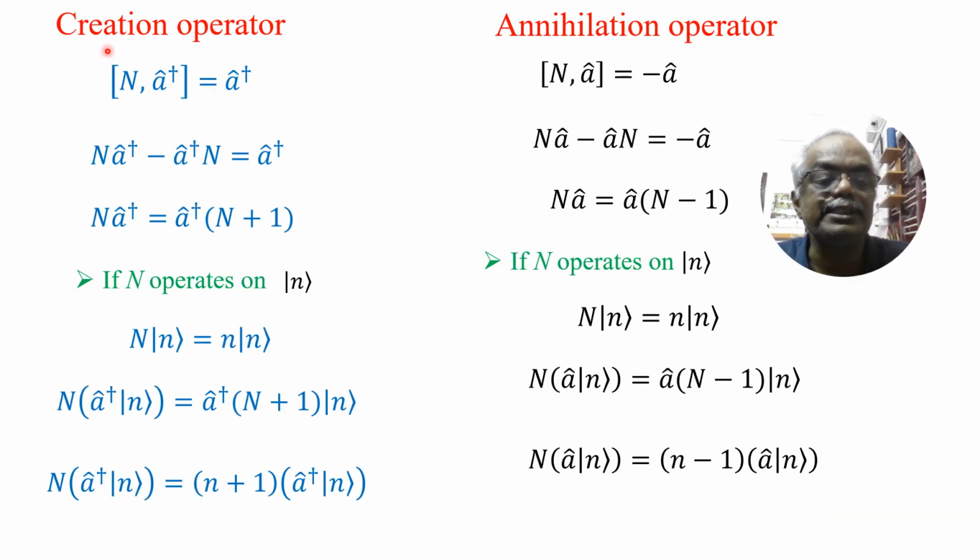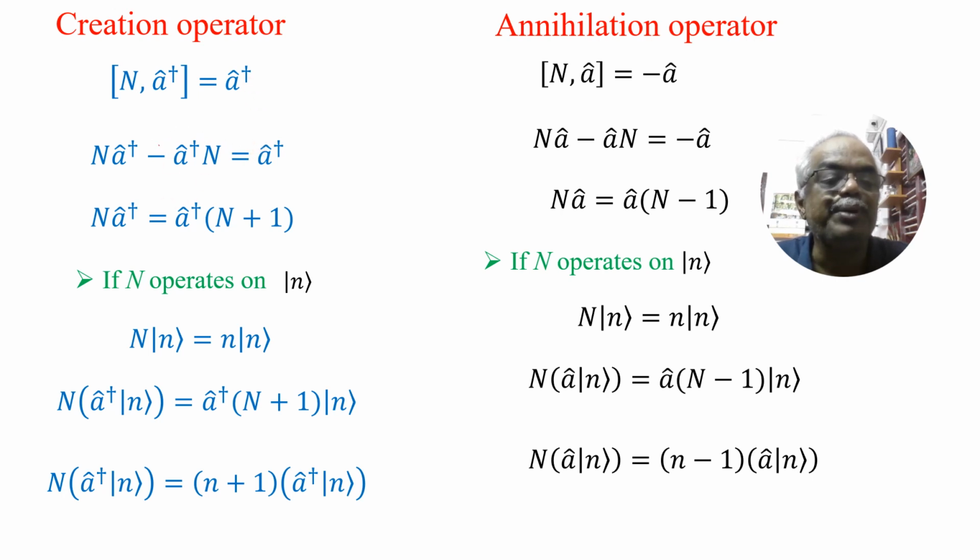So now we will see about the creation operator and annihilation operator. What will happen if the number operator acts on the ket n? For that we are going to use the commutation relation, that is commutation of n with a dagger is equal to a dagger, which we have just seen. Expanding this, n a dagger minus a dagger n is equal to a dagger.